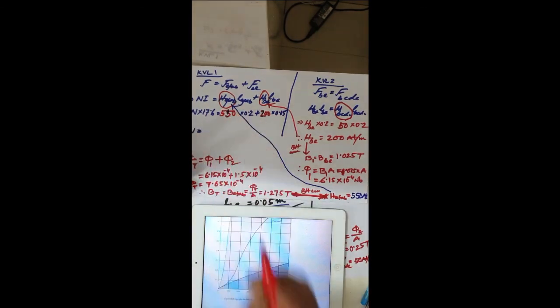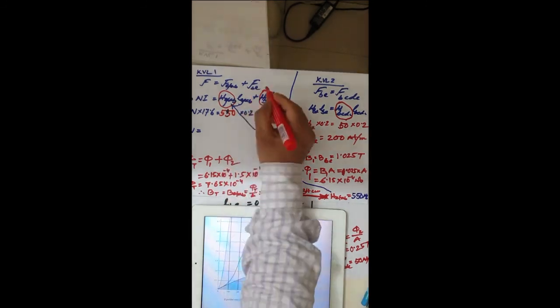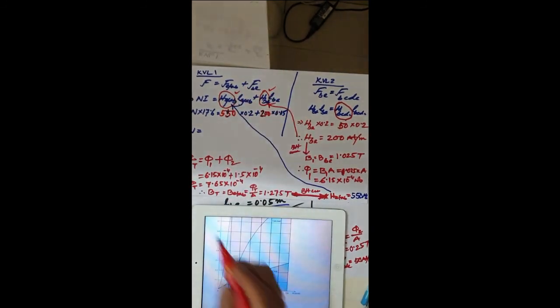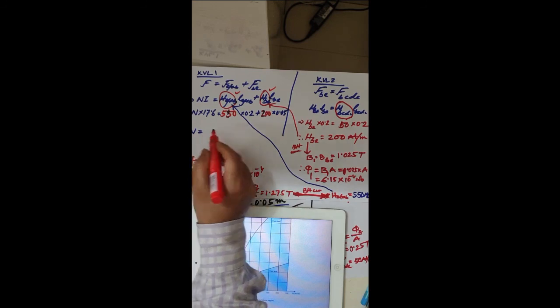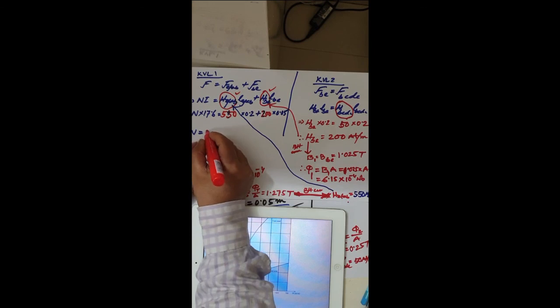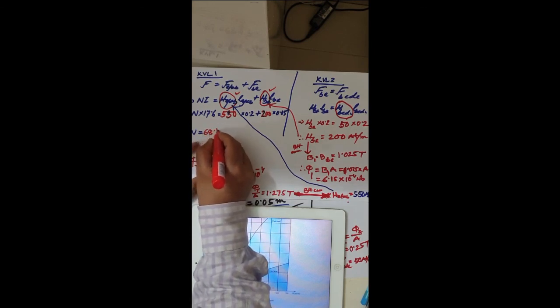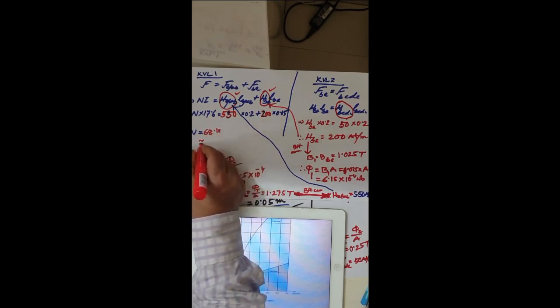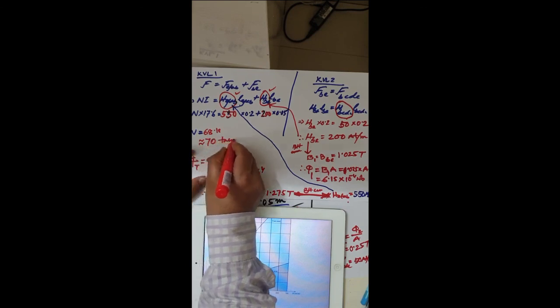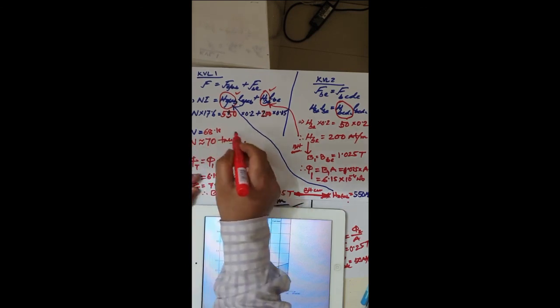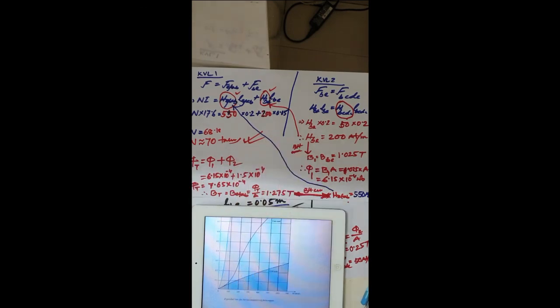If you put 550 here, then all our values HBE, HFE we can find, and then N straight away comes, if you do the calculation, to around 68.18, which approximately we can say is 70 turns. You can keep the answer as 68.18 and you also get full marks.